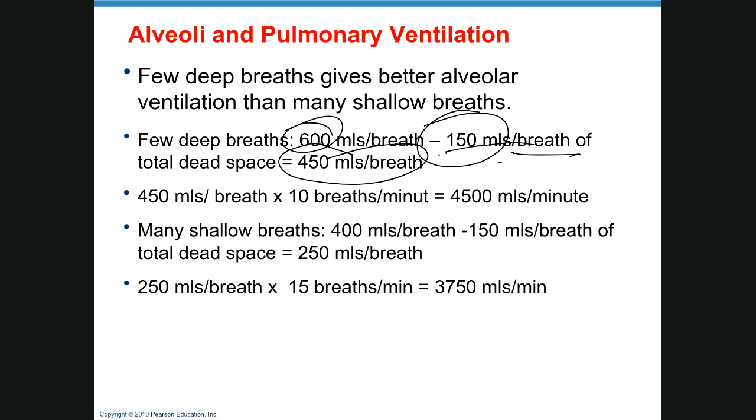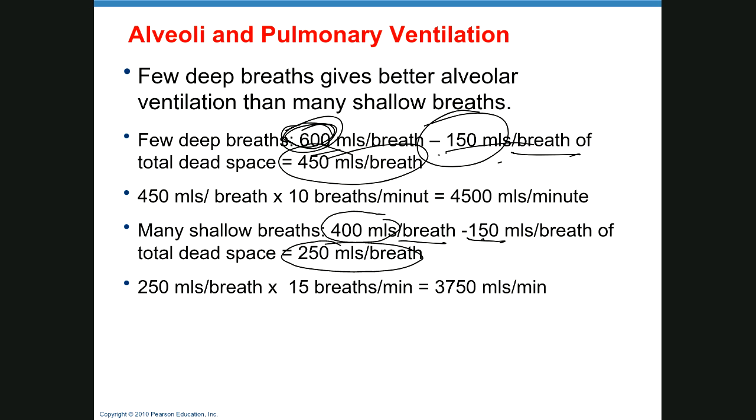Okay, but if you breathe 400 mils per breath instead of 600, so this will be the shallower breath, you're going to pay the tax of 150 mils per breath. Now you're bringing in 250 mils per breath.